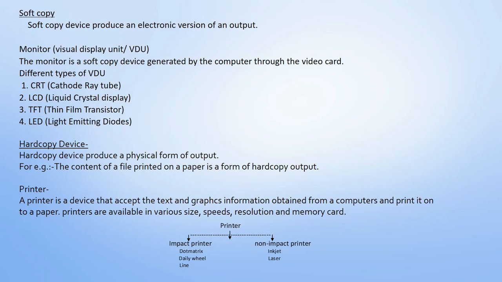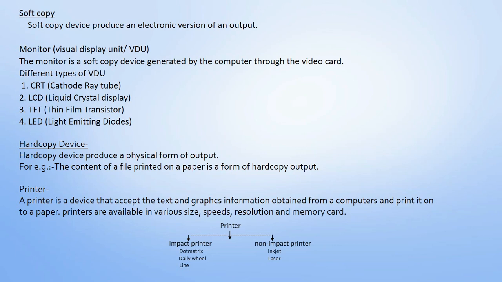So, as for hard copy, the example is printer. So, a printer is a device that accepts the text and graphic information obtained from a computer and prints it onto a paper. And printers are also having different size, speed, resolution and memory also.